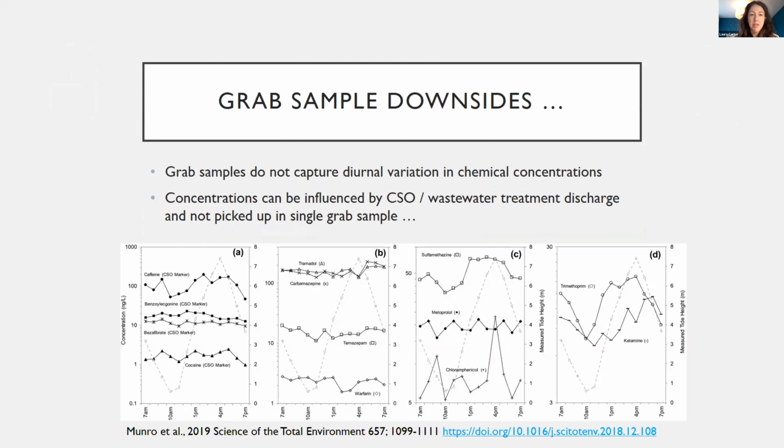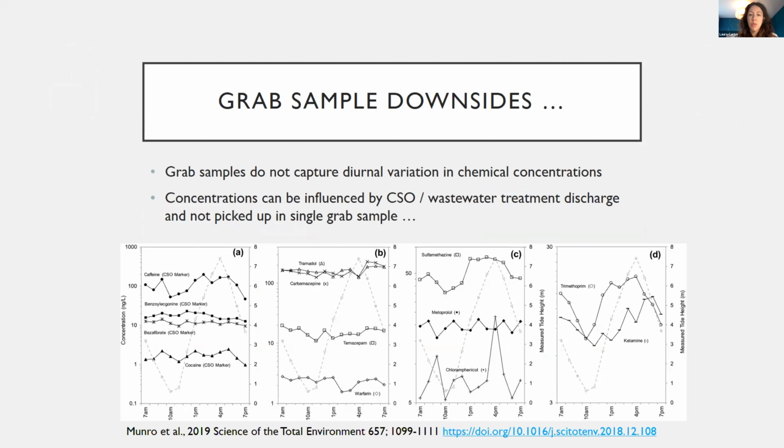And this slide, I think, is really important to highlight how you have to be careful about when you select your time to do your sampling. So the grab samples don't capture this diurnal variation in chemical concentrations. So I've put here a figure taken from a study by Monroe and colleagues published in 2019.